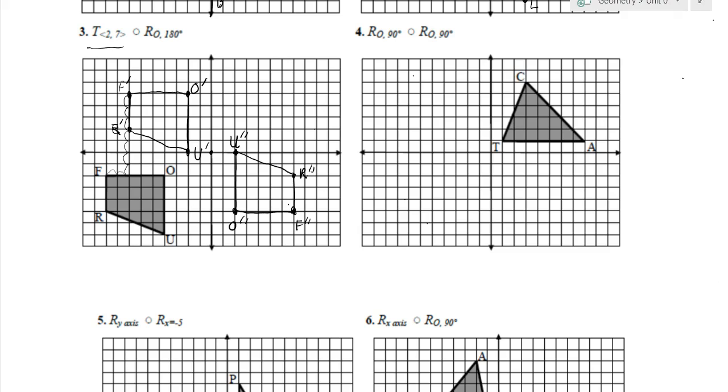Double rotations in number 4. Rotate about the origin 90 degrees. So 90 degrees about the origin. T prime.